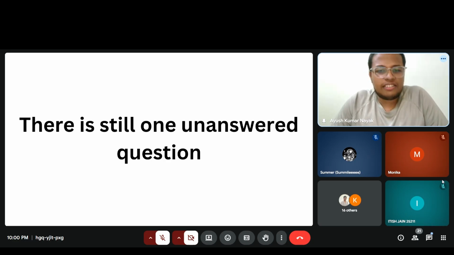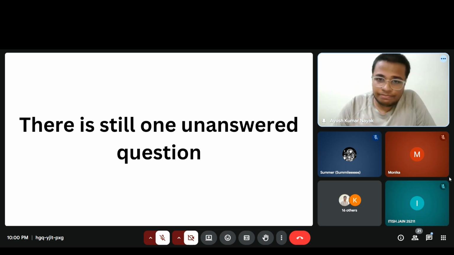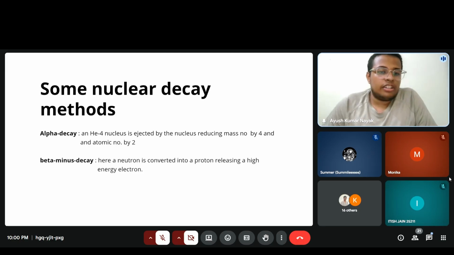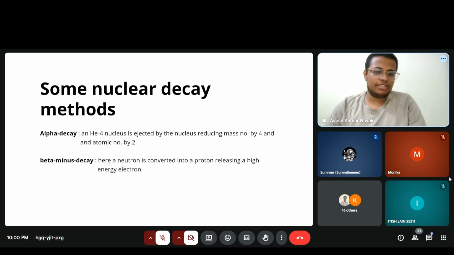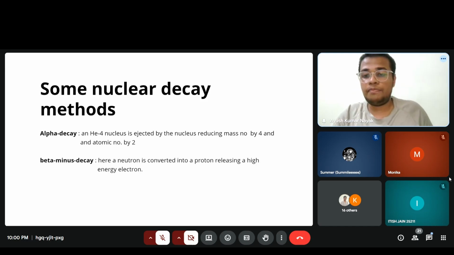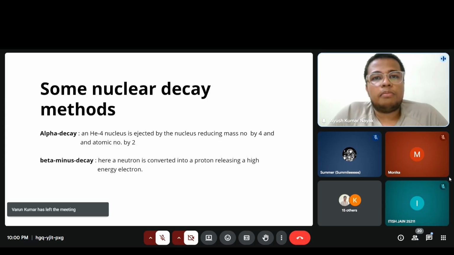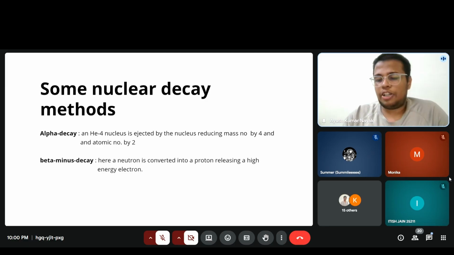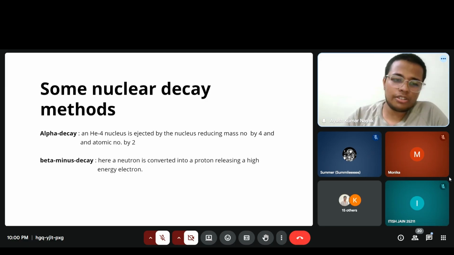But before that, there are two things we need to know. Some types of nuclear decay. There is alpha decay, where a helium-4 nucleus is ejected out of the nucleus of the atom, and basically the mass of the remaining atom is reduced by 4 and the atomic number reduced by 2.